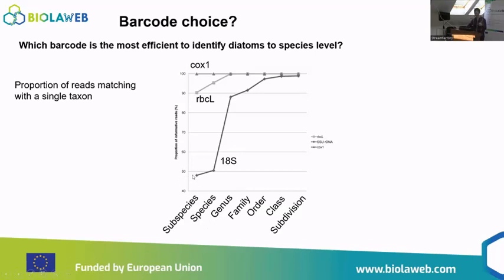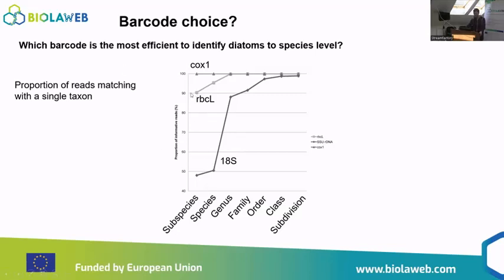We are at the subspecies level. In the case of COX-1, all the reads match a single species. So again, if we take the example of 18S, 50% of the reads could match 2 species or 3 or more. When you think about variability, the idea is to have one sequence different from another species. So here you can see that 18S is not so good.